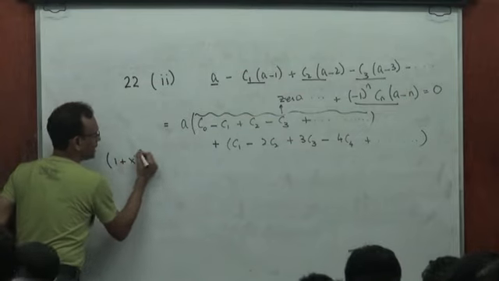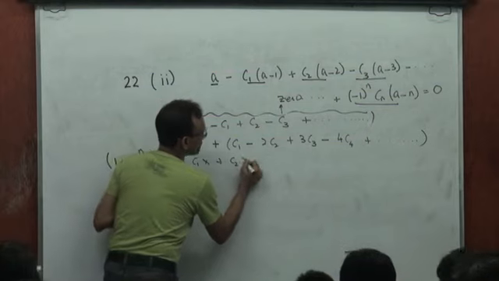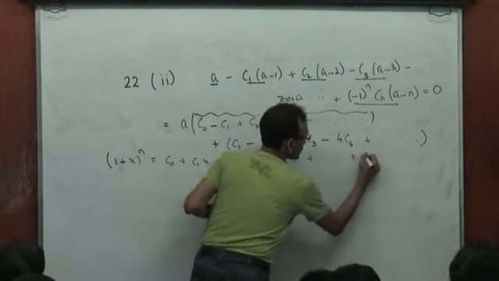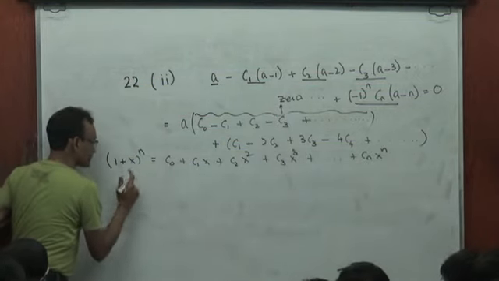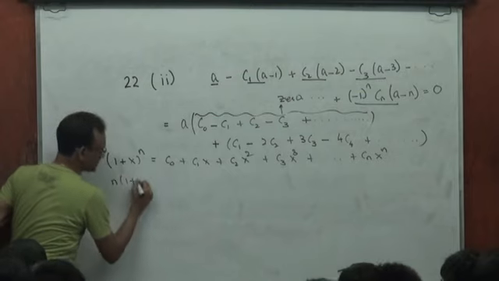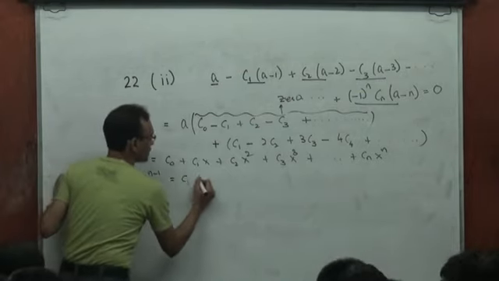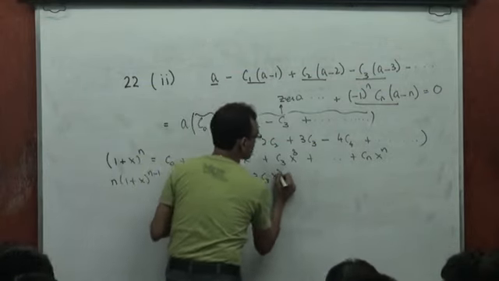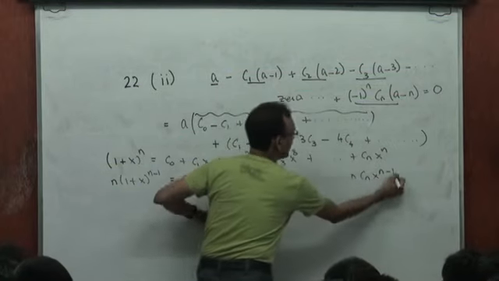1 plus x power n is C0 plus C1x plus C2x squared plus C3x cubed up to Cnx power n. Differentiate both sides with respect to x. So that's n into 1 plus x power n minus 1. That's equal to C1 plus 2C2x plus 3C3x squared plus so on up to nCnx power n minus 1.